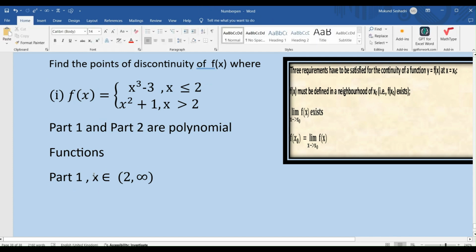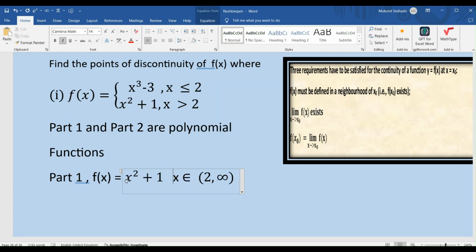My f of x, which is equal to x squared plus 1, is continuous, right?